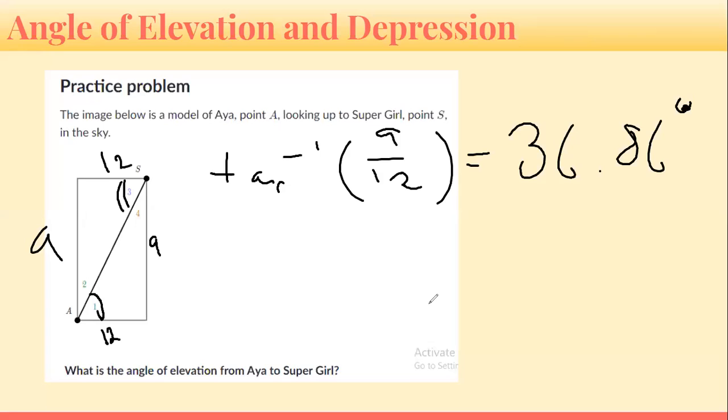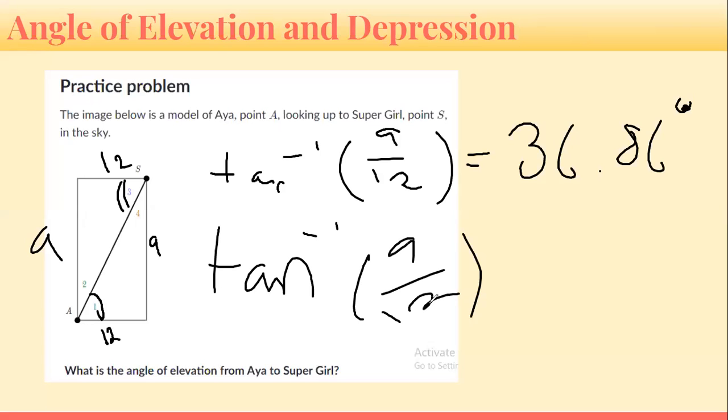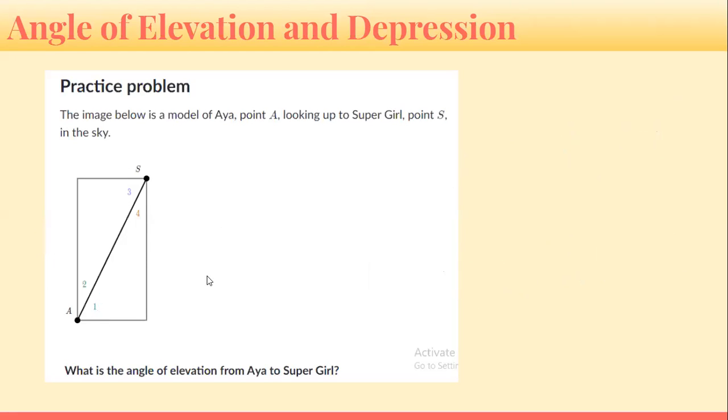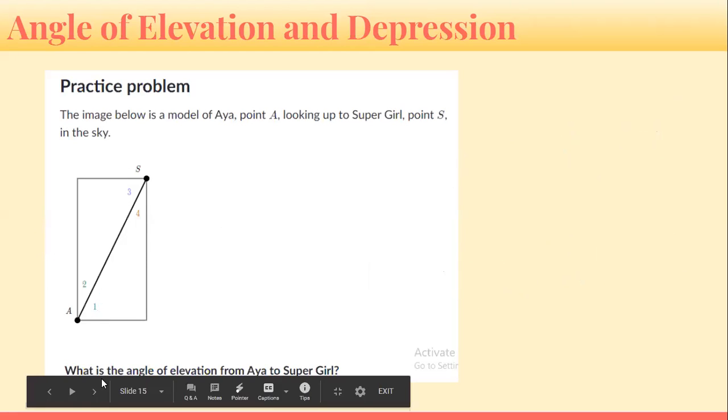So we use the same thing, tangent. 9 over 12, which is basically 36, right? I hope this is good. Sorry guys for the technical difficulty I had 20 seconds ago.